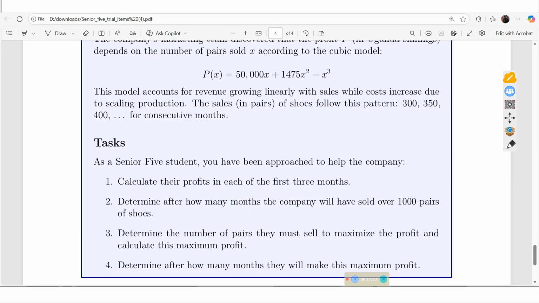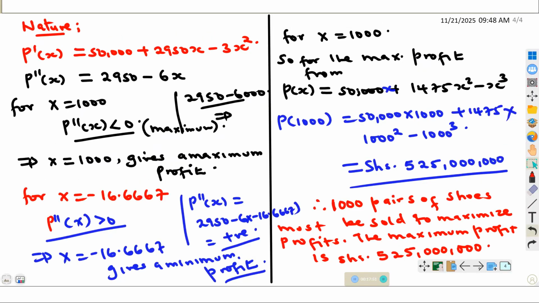Lastly, we look at part 4: determine after how many months they will make this maximum profit. So we need the month for which the profit will be realized. Let us also look at the solution.